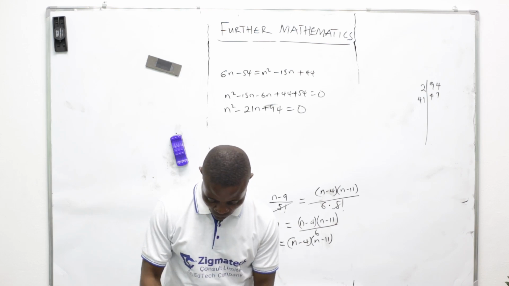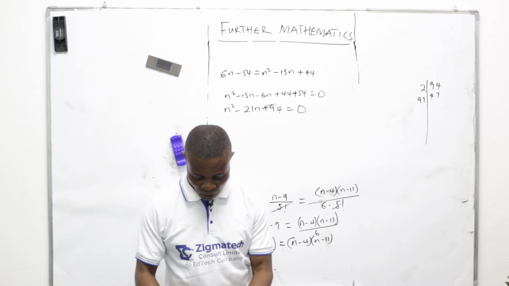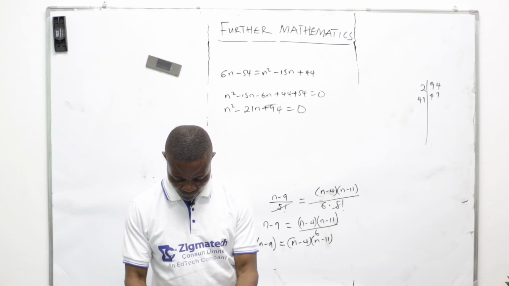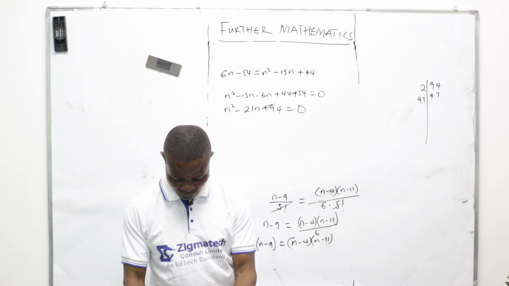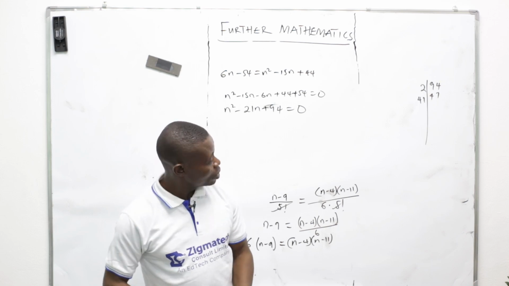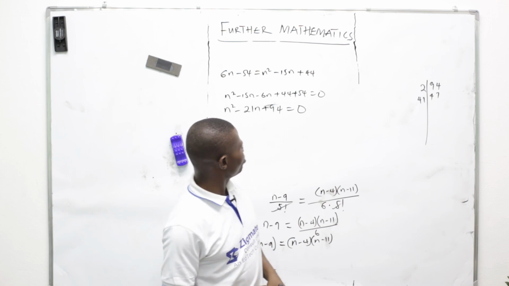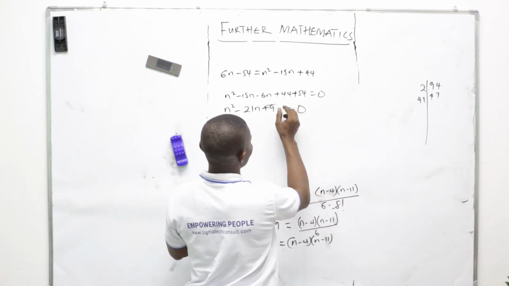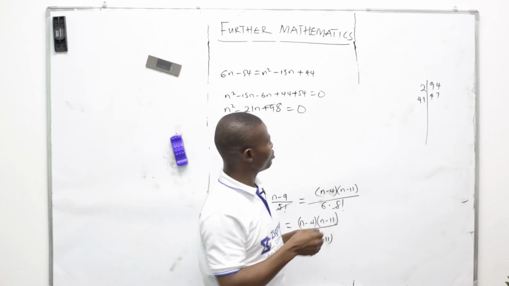Two numbers when we multiply. Let's check: 44 plus this 98. Two numbers when we multiply to give us 98.